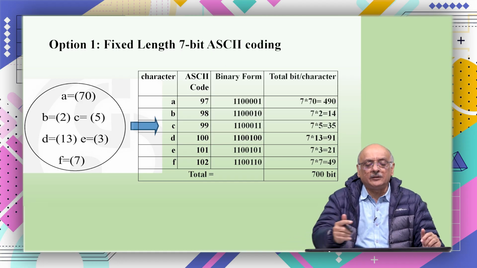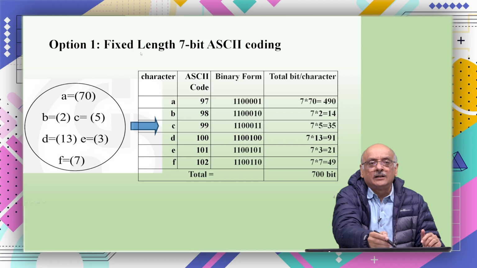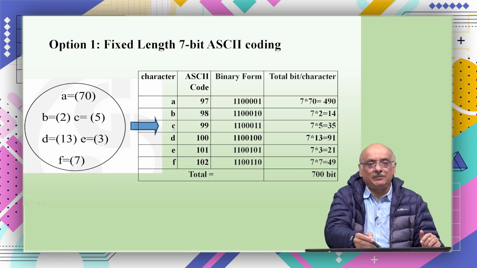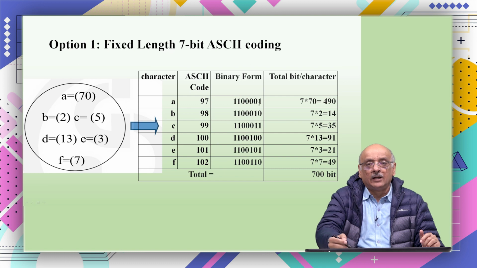And we use as option 1 just 7-bit ASCII coding. So, what can this coding be? We have A, B, C, D, E, F, just 6 alphabets being transferred, and the ASCII codes for these characters are listed over here, and this is the 7-bit representation.